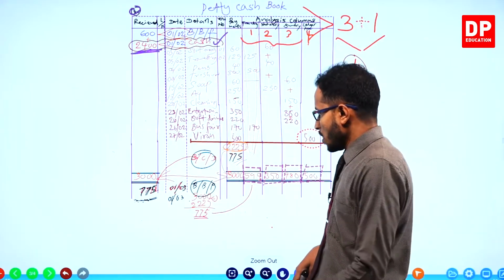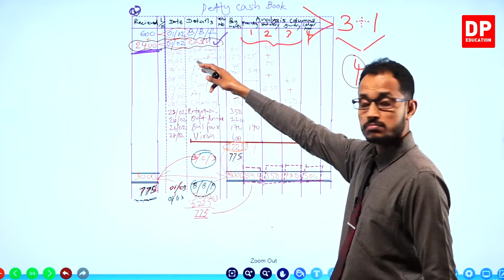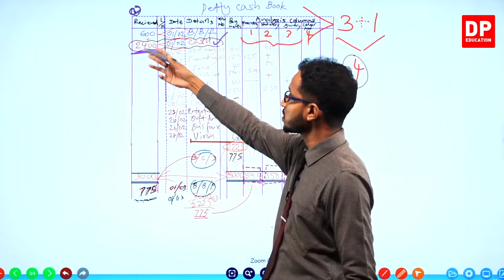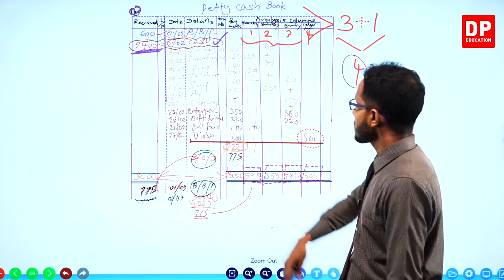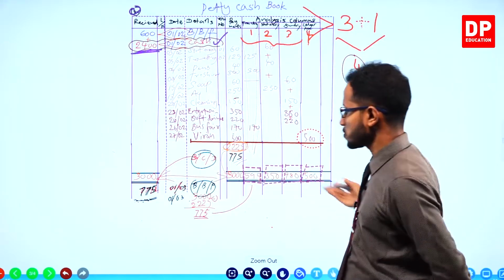Children, once you finish the petty cash book, you can record the double entries of the received reimbursement of cash and the totals of the analysis columns.